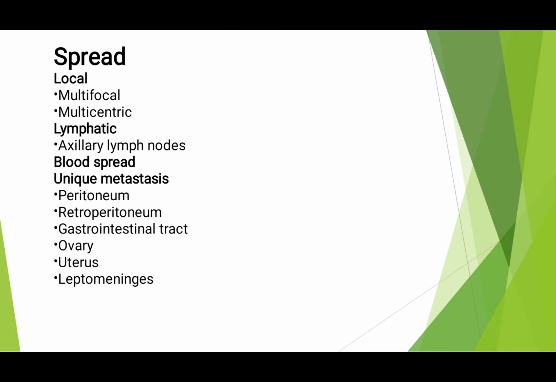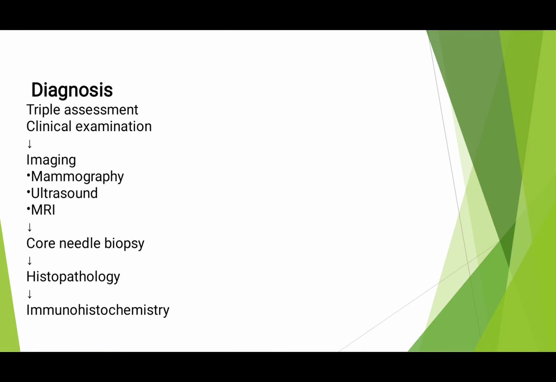Spread also occurs through blood, hematogenous spread. The unique metastases are to the peritoneum, retroperitoneum, GIT, that is gastrointestinal tract, ovary, uterus, leptomeninges.